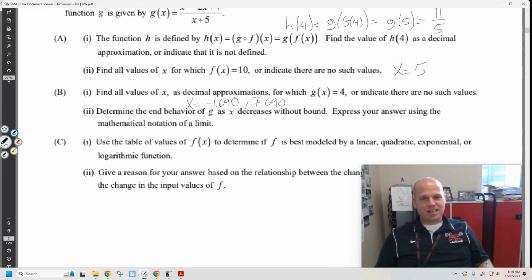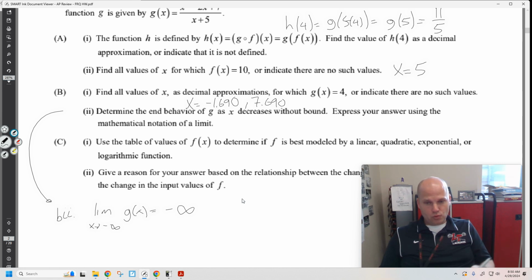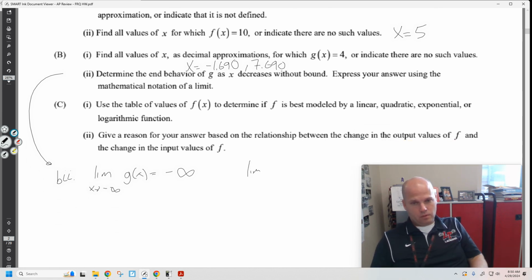Okay, as the end behavior decreases without bound, as x decreases without bound, as x goes to -infinity, what do you see your function doing? Going to -infinity. Now, you could actually do this limit.